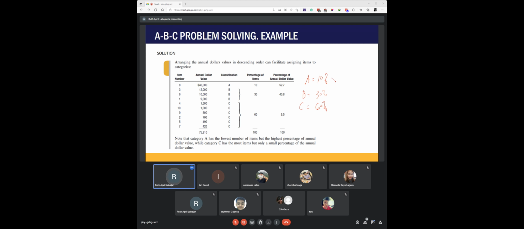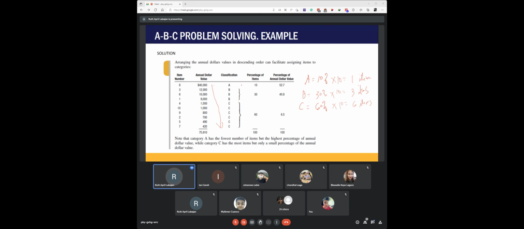So, 10% of the total number of items, which is 10 items, right? So, 10% of that 10 gives you 1. So, only one item will have a classification of A. Then, 3 items will have a classification of B. And then, 6 items will have a classification of C. So that's why here it is arranged in descending order.